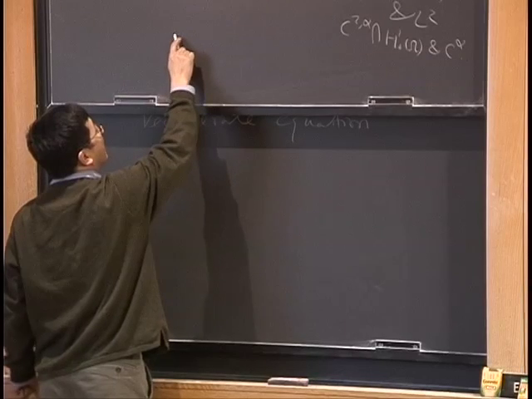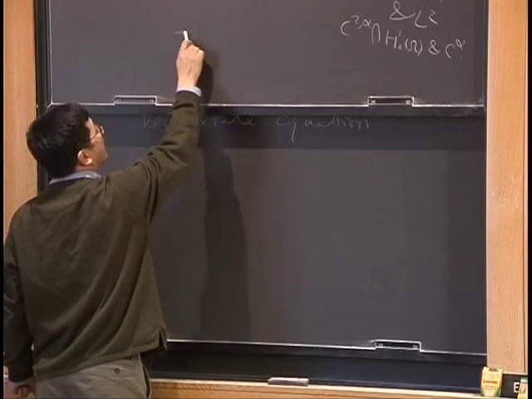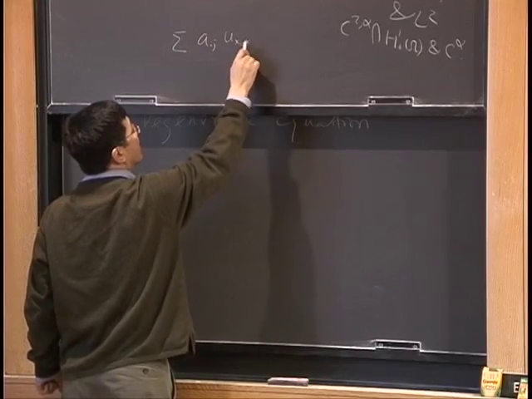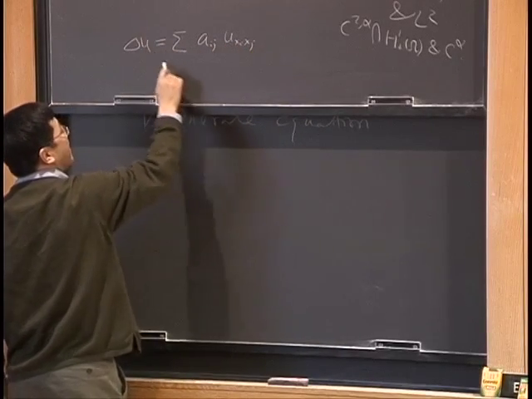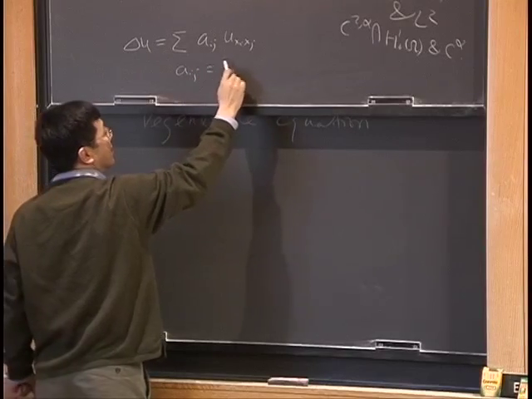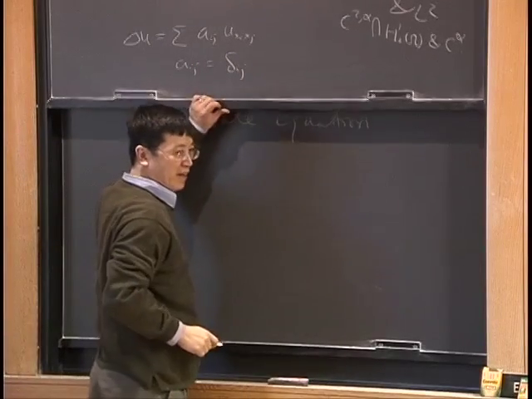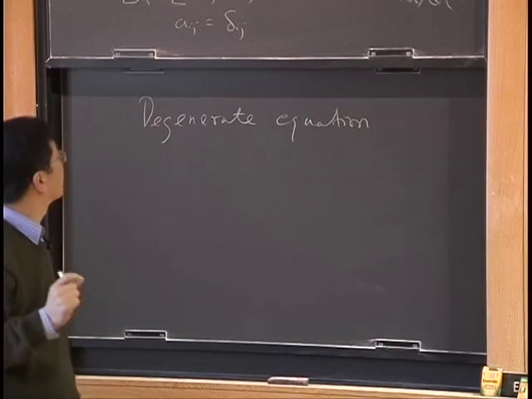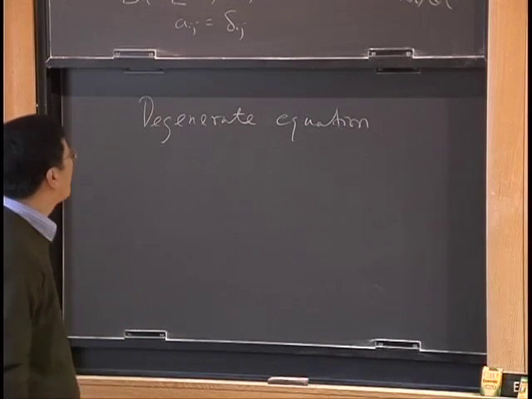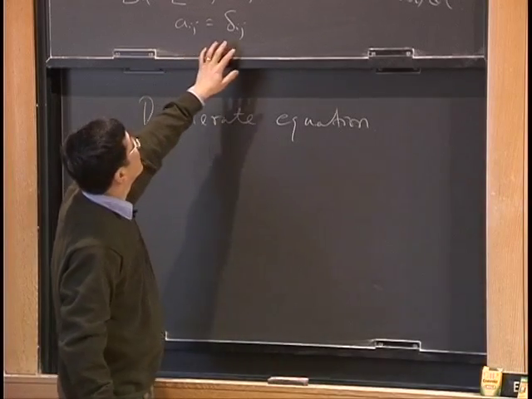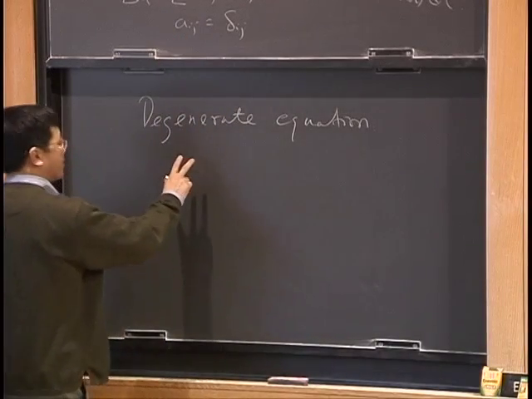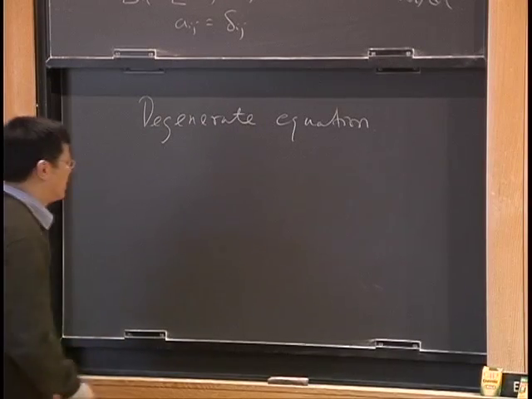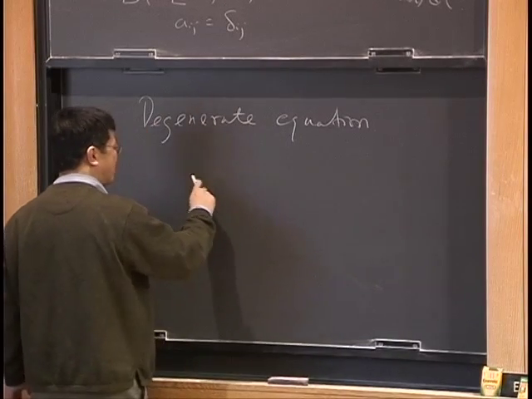This can be written as a special case of Aij u_xi xj, and in that case this Aij is delta ij, right? That's a positive definite matrix. If you do a change of variable, any positive definite matrix will work. But what's special is that it has rank n and is positive definite. So let's write this one.